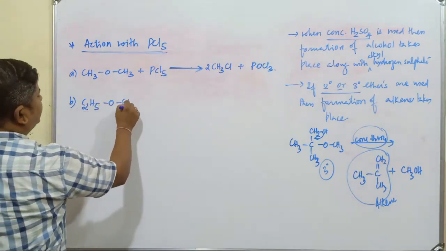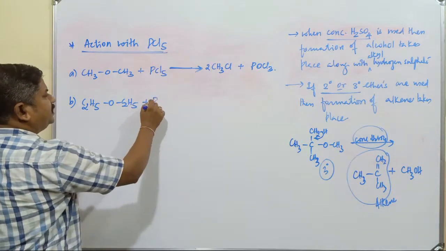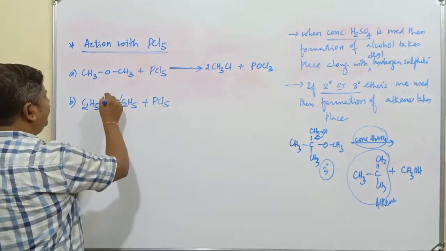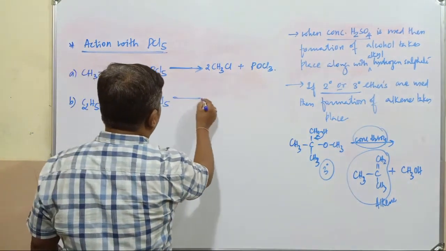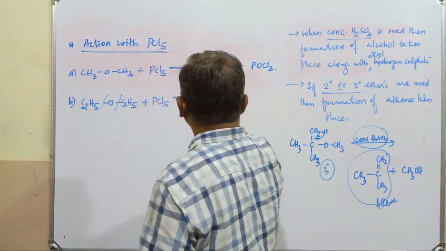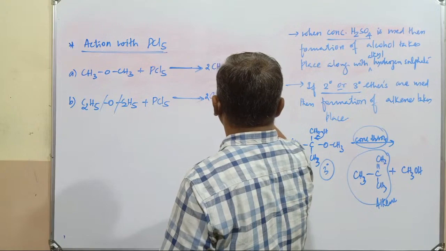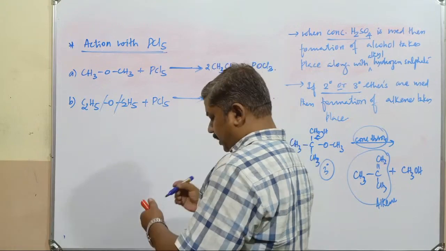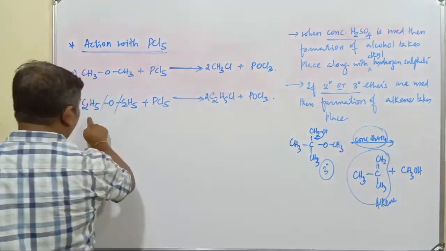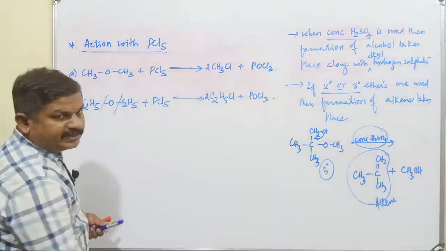Take C2H5OC2H5 plus PCl5. This bond as well as this bond gets cleaved. So the product obtained is 2 moles of C2H5Cl plus POCl3. If you take different alkyl groups, then 2 different chlorides are possible.